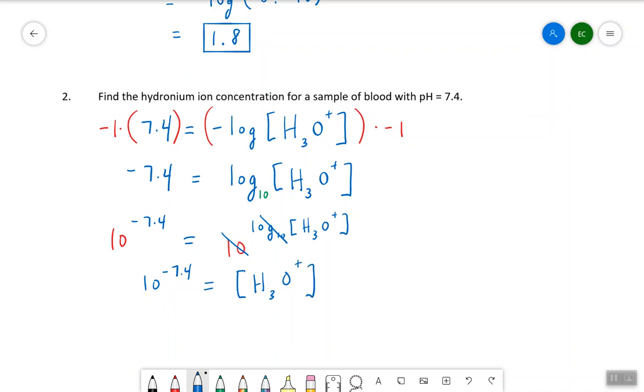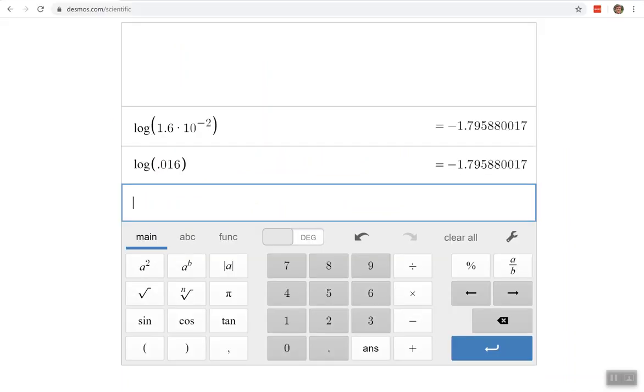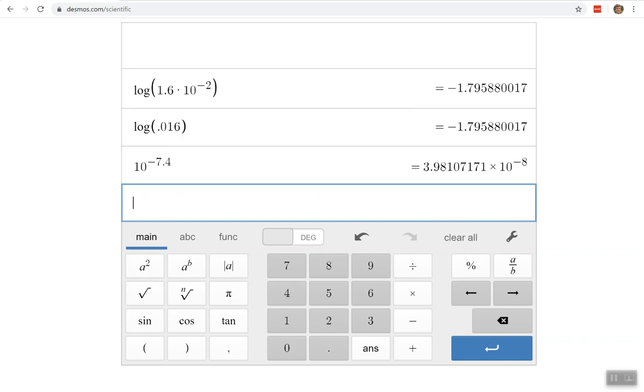So all we need to do is evaluate 10 to the negative 7.4 on our calculator. Let's come over here and type in 10 raised to the negative 7.4. And there's our answer. Notice the scientific notation. Your calculator might not give scientific notation right away.